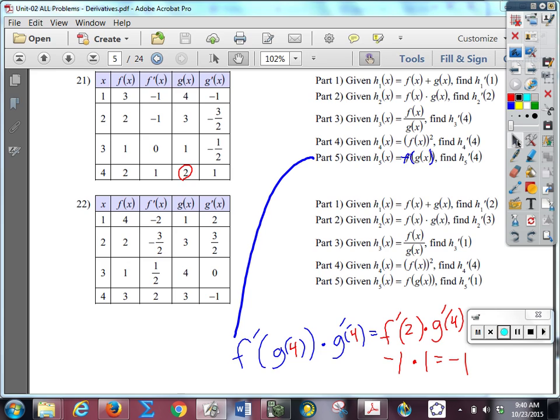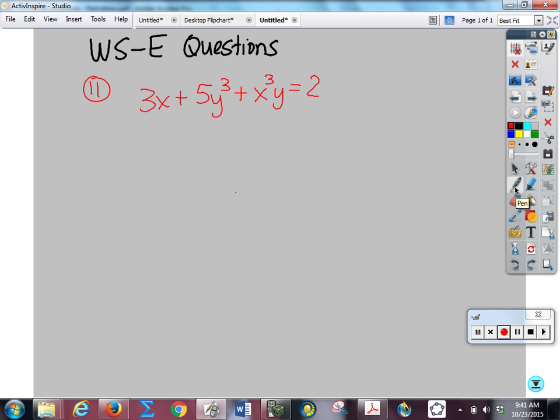As you go to find dy dx, just remember y is a function of x. So if you take the derivative of y, you have to have the outside function. So the outside function would be 5y cubed. You also have to take the derivative of y. y is the inside function. So starting, what's the derivative of 3x? 3.